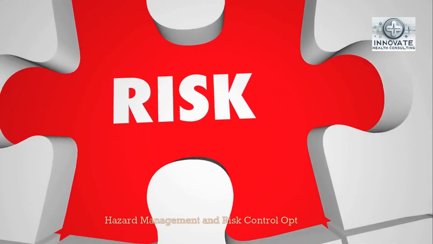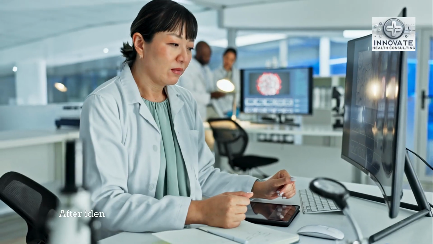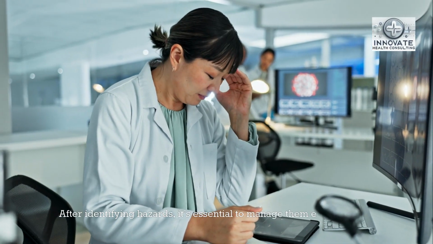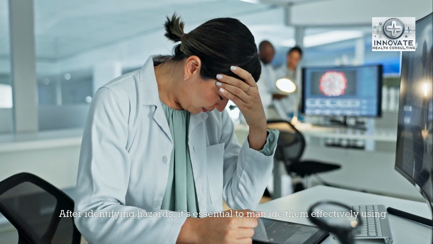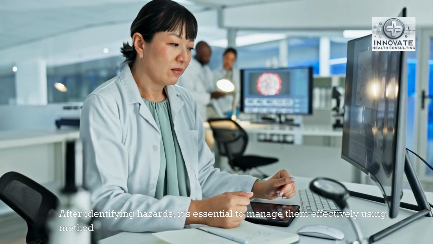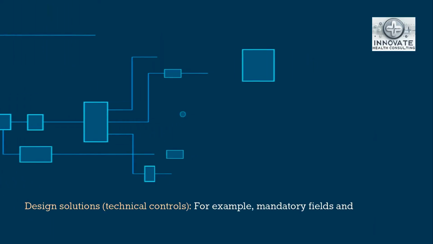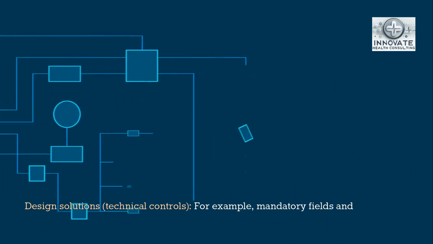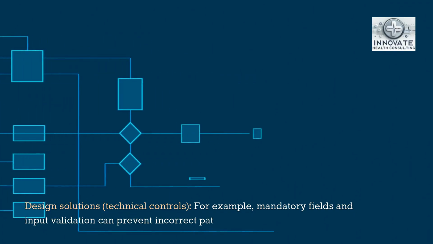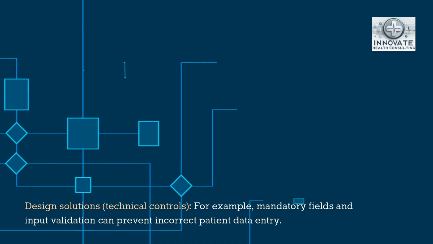Hazard management and risk control options. After identifying hazards, it's essential to manage them effectively using methods such as design solutions and technical controls. For example, mandatory fields and input validation can prevent incorrect patient data entry.